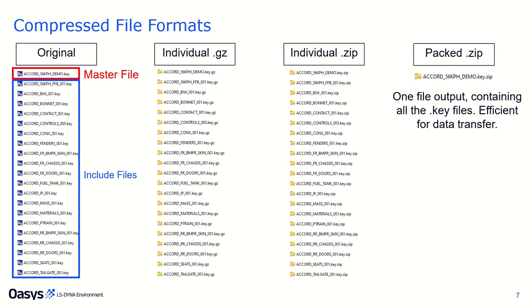Similarly, if we save it out in individual .zip format, all of those files are also zipped individually in a .zip format. Whereas for a packed .zip, the only thing that you will be outputting is just one file, and that contains all of the .key files. So that's the recommended setting if you were to transfer data across to other people.